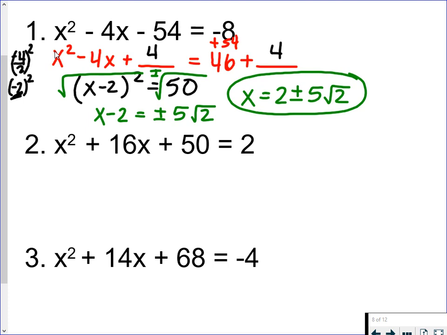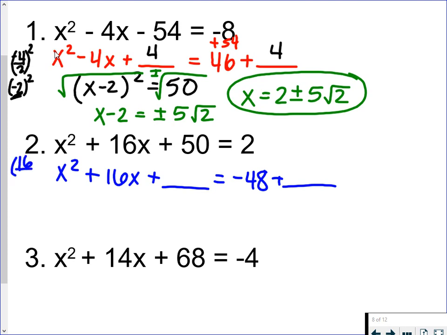Okay? Move my c value over, add my blanks. b divided by 2 and square it.